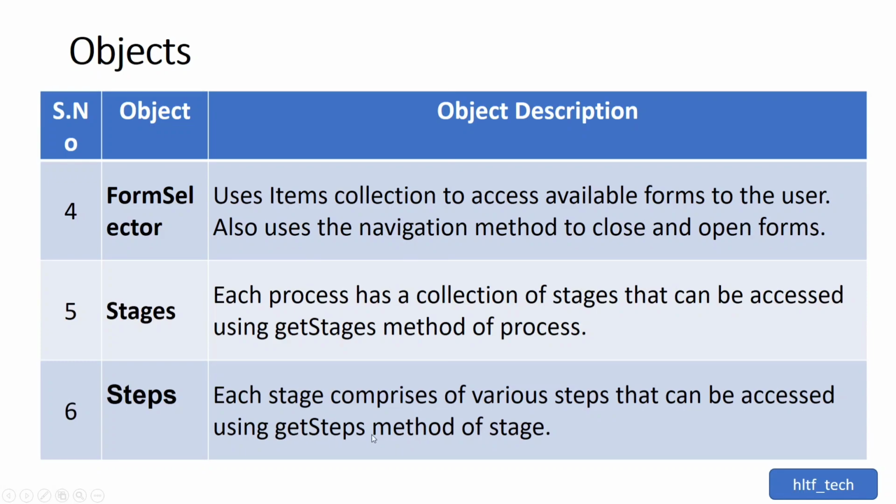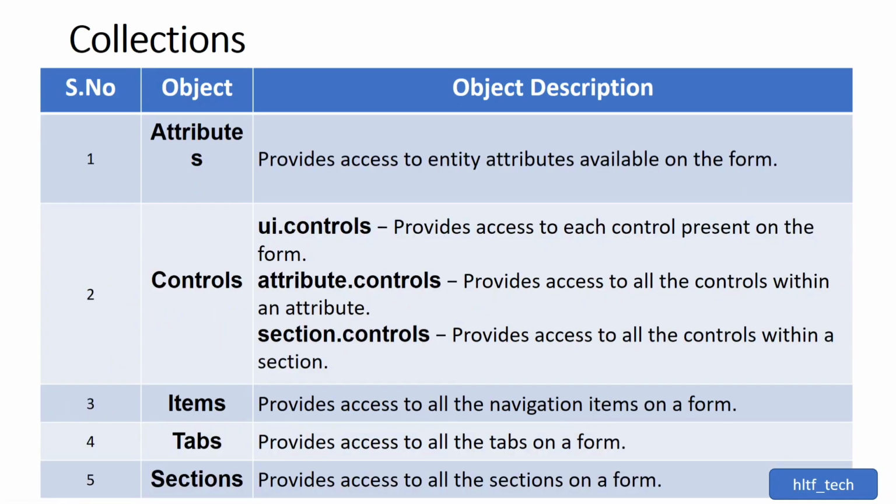Similarly, you will use the get steps method, in which a stage comprises steps. So it comes in a hierarchical model. First of all, process. In a process, there are different types of stages, and in each stage, there are different types of steps. So you can access these by using the get command, that is get stages or get steps. Attributes provide access to entity attributes available on the form.